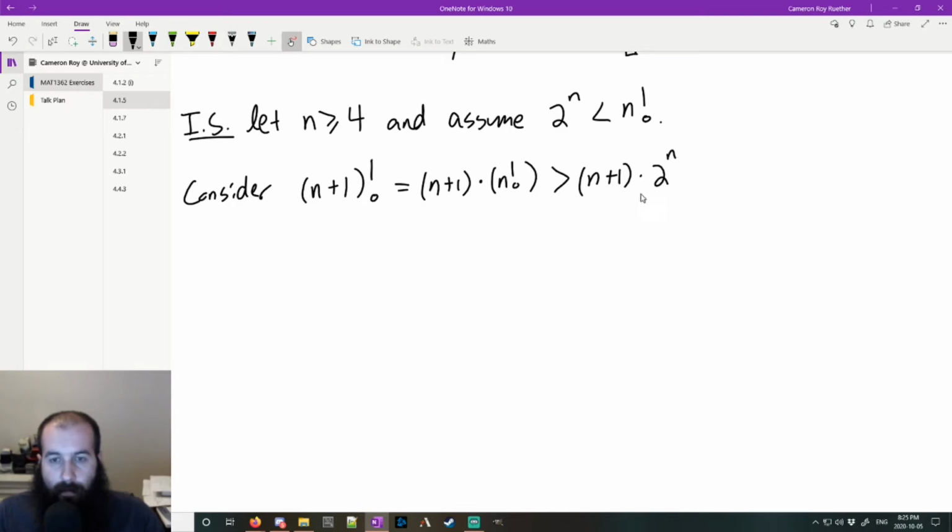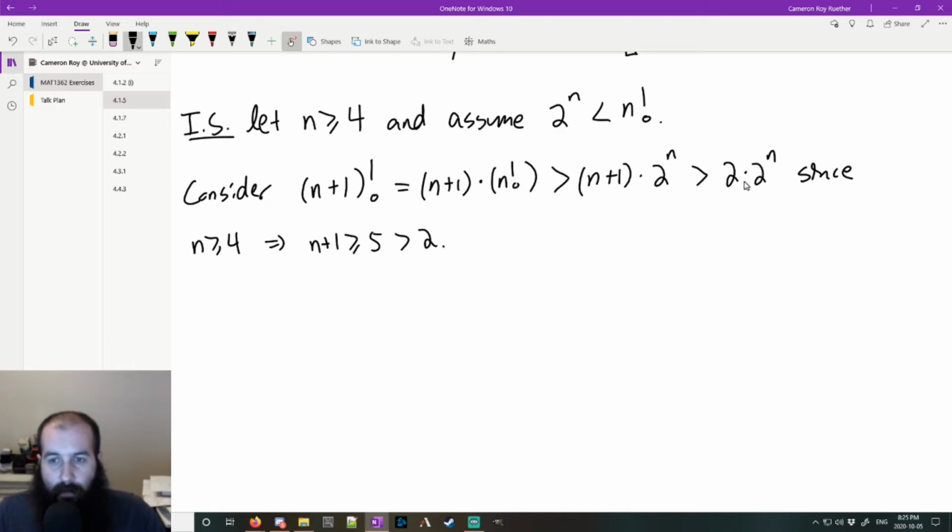But now also, since n is greater than or equal to 4, n plus 1 is greater than or equal to 5, which means it's greater than 2. So this is strictly larger than 2 times 2 to the n, where this step here is since n greater than or equal to 4 means n plus 1 is greater than 5, which is strictly greater than 2.